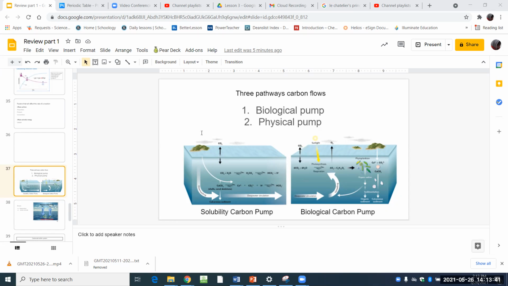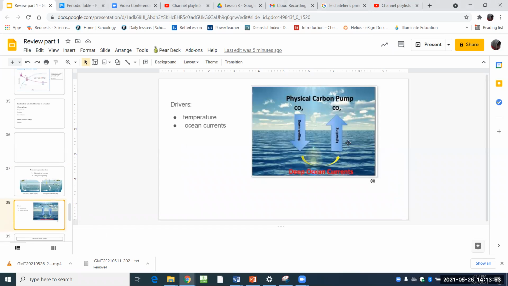Then we have the physical pump, where carbon dioxide is absorbed in water, and then it triggers a set of reactions, which we'll talk about in a moment. I just want to stay at the surface for now. There is an exchange of carbon dioxide that comes in and out of the atmosphere, and it is under an equilibrium. Not all equilibriums need to be chemical equilibriums.